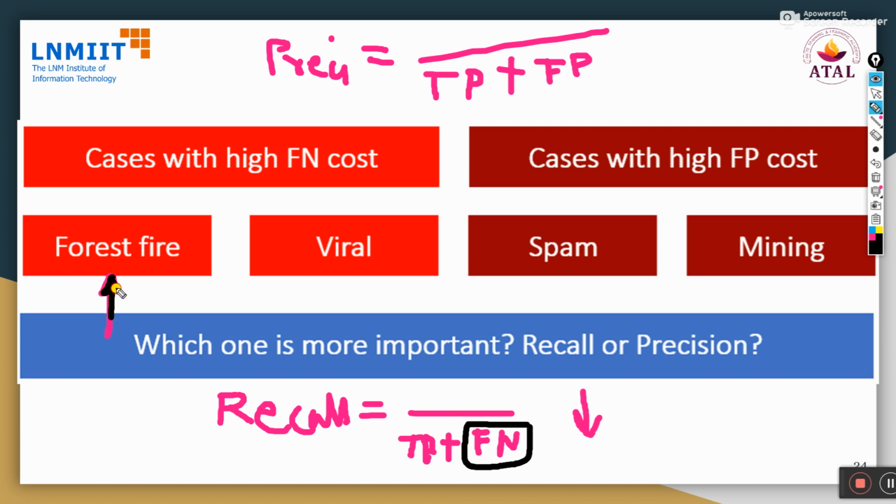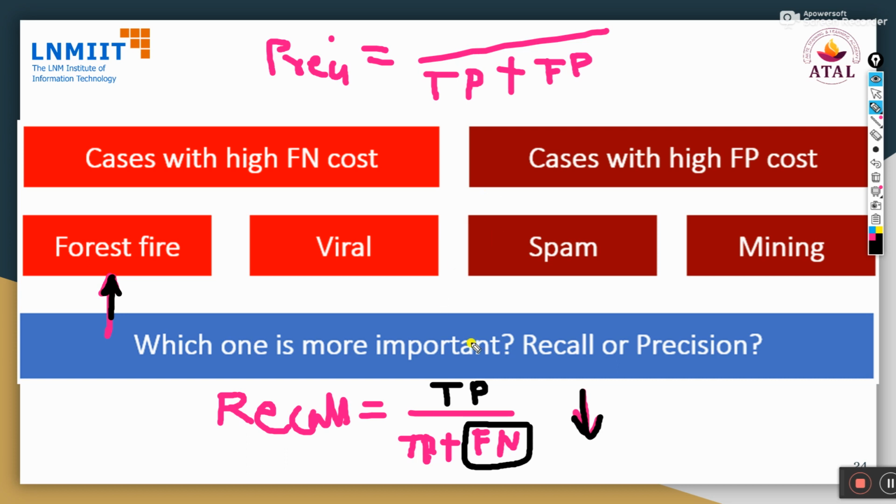So if our forest fire false negatives are high, recall will be low, because it is coming into the denominator, so when it increases, recall will decrease. Similarly, in precision I don't have that false negative part, so it would be a different case in precision.